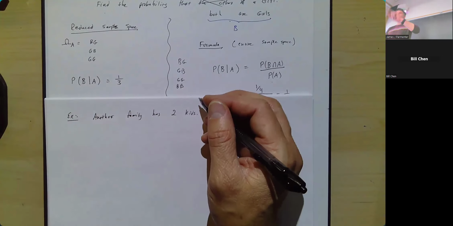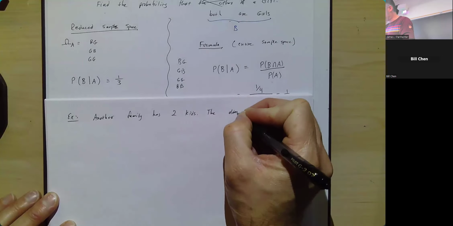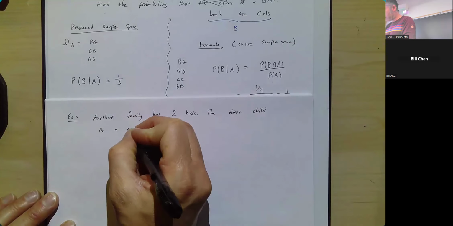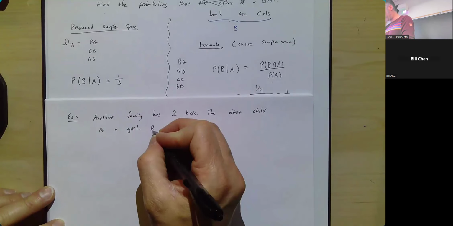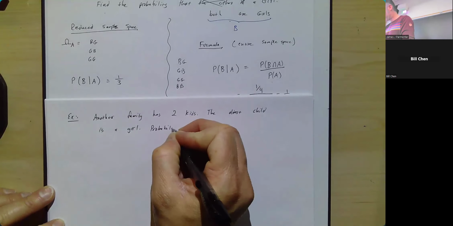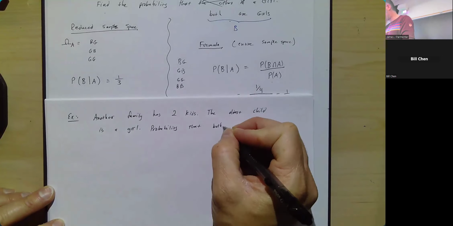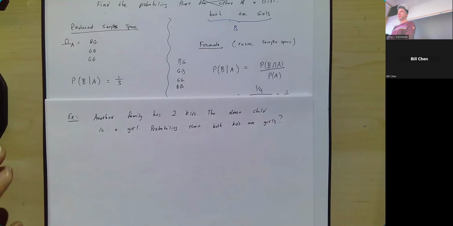So we know that their oldest child is a girl. Now we want to know what's the probability that both kids are girls. And even though it feels like it could be the same question, we have a different amount of information.